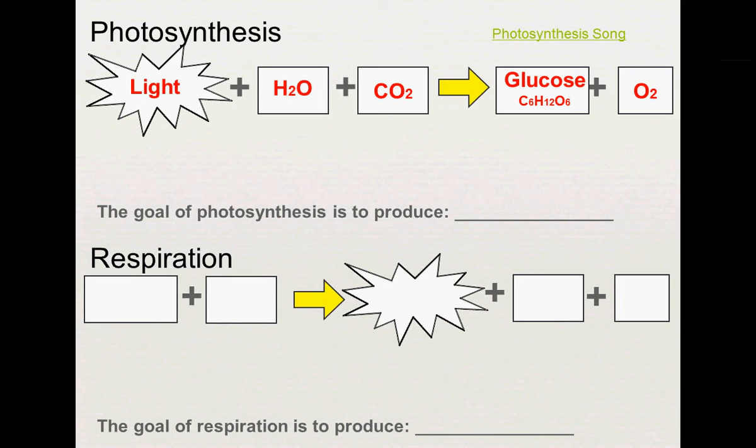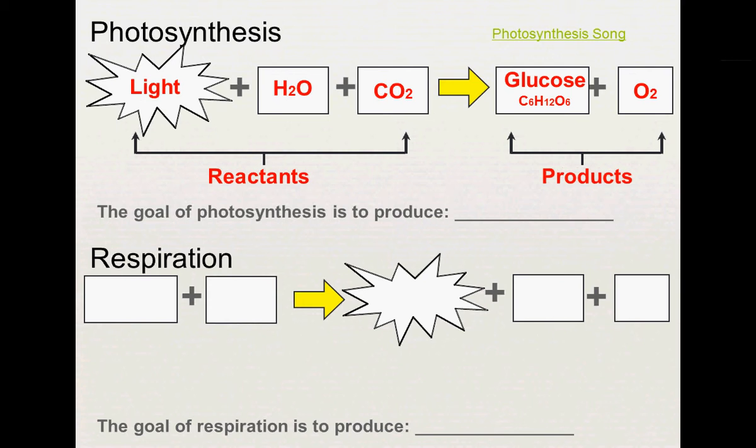All right, a couple other terms we need to know, though. When we have a chemical reaction taking place, we call the stuff on the left side of the arrow, kind of the ingredients, the reactants. Those things are reacting. And the things on the right side of the arrow, the things that are made, are called the products.